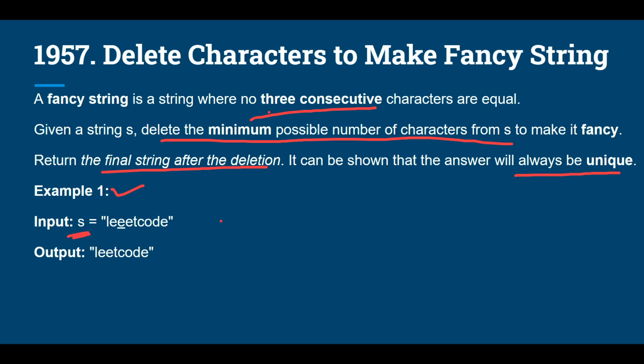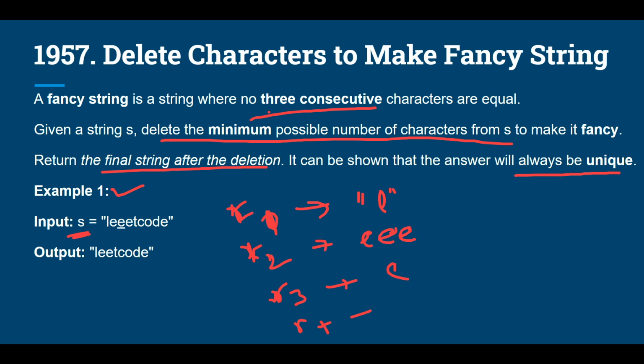Let's suppose the very first is row 1, with a single character, L. Row 2 has triple E. Row 3 we have T, then row 4 we have C, and row 5 like that.